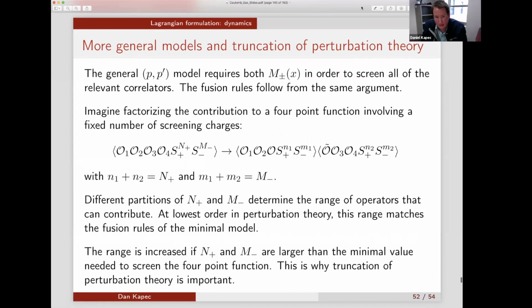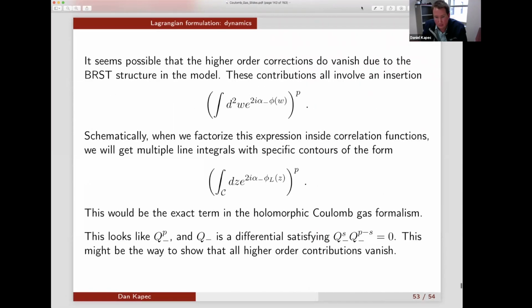Well, the closest conceptual explanation I have really is this slide: the higher orders in perturbation theory sort of look like Q minus to the P. So maybe you can deform those contours onto other operators and they kill the correlation function.